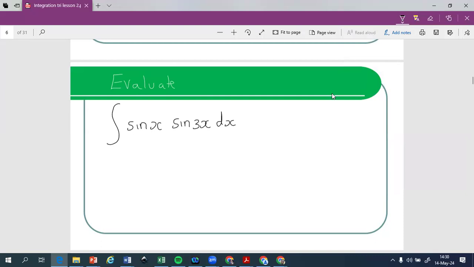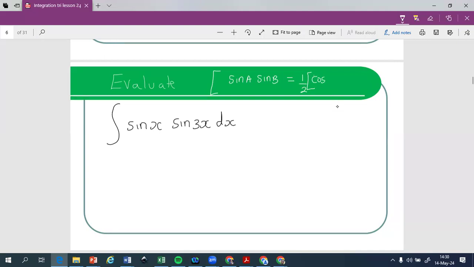What do you need to know? I need to go back and ask myself, I'm going to write it here, that when I have sine of A, sine of B, what is this one equaling to? Because when you look at the two functions given, you have sine and sine. So the only thing you need to remember is that this one is the same as, I put the bracket, it will give me cos.